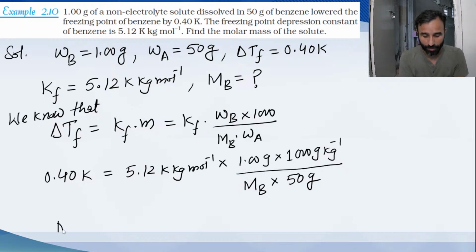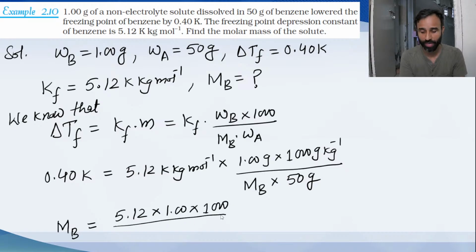So MB is equal to 5.12 into 1.00 into 1000 divided by 0.40 into 50 gram per mole.